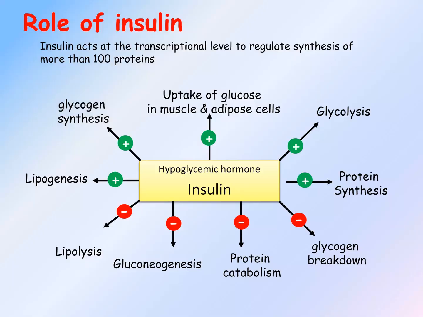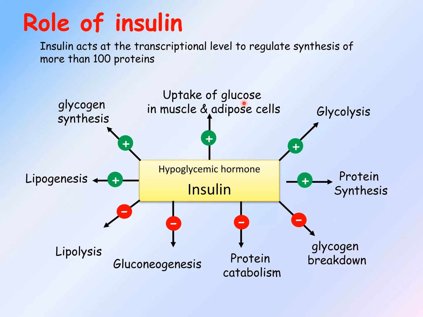So regarding regulation of blood glucose, you have to tell what is meant by glucose and what are the hormones that regulate glucose level in our body. So first hormone is insulin. For insulin, you have to tell this important keyword: hypoglycemic hormone. Hypoglycemic hormone is nothing but it maintains the glucose in the blood.